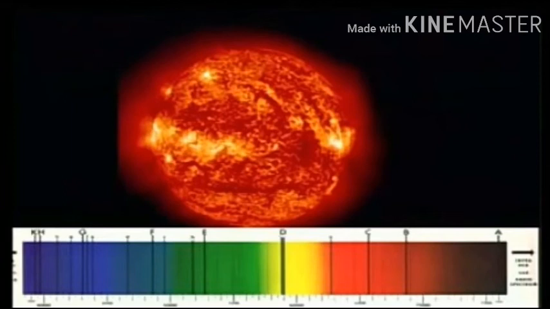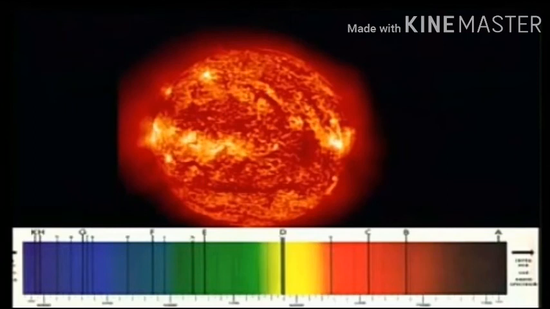These lines correspond to some absorption that happened in the spectrum. Some frequencies were absorbed by some compounds that are present in the Sun, and only the rest of the frequencies were allowed to come to us.